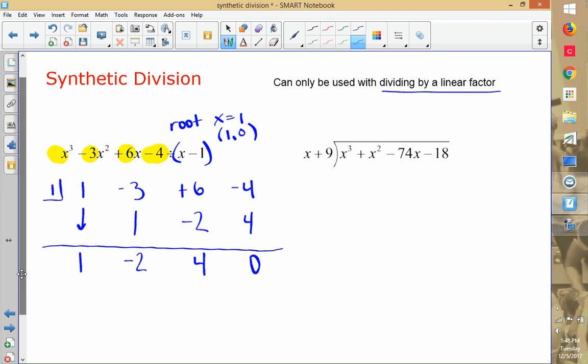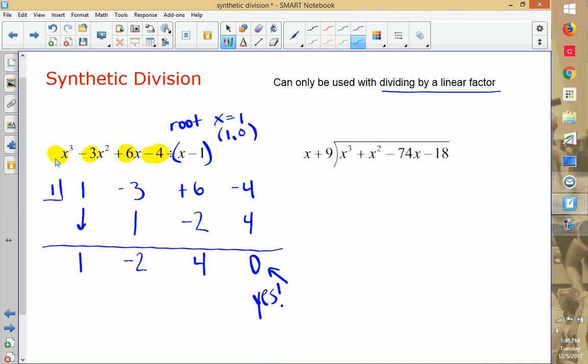Now, this is what we are looking for. We are looking for a remainder of 0, which basically means this factor went in perfectly. There was no remainder. It's a perfect divisor into this larger cubic.